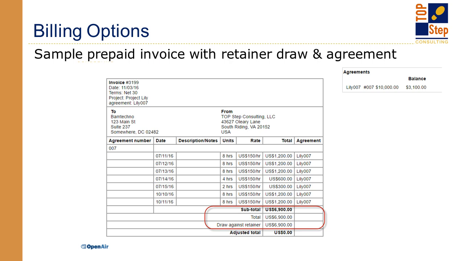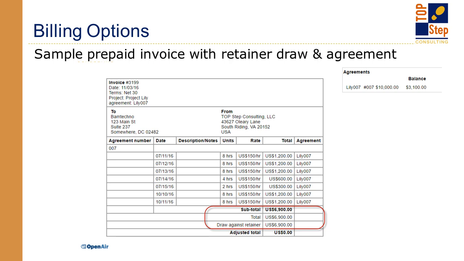If someone's got maybe a $10,000 retainer and my bill is $6,900, in this particular retainer I'm going to go ahead and pull all the money from it so they don't owe me anything right now. And then up here it does tell me that I've got a balance of $3,100 on that invoice. This is information that you can configure to display on your invoice.